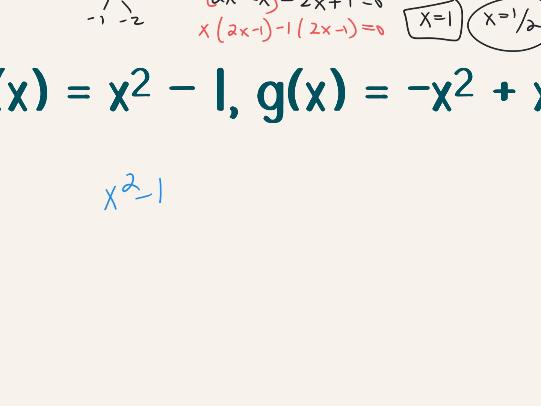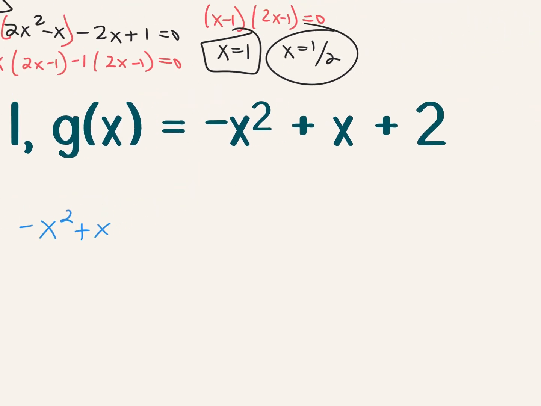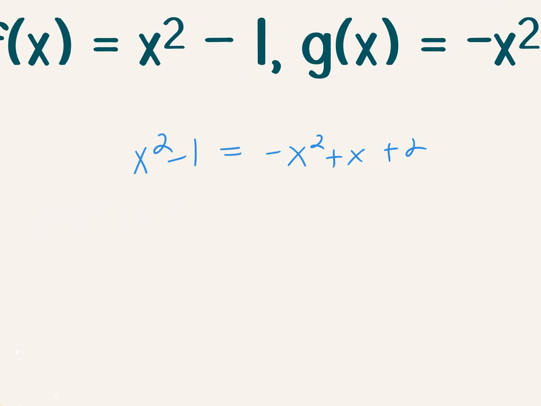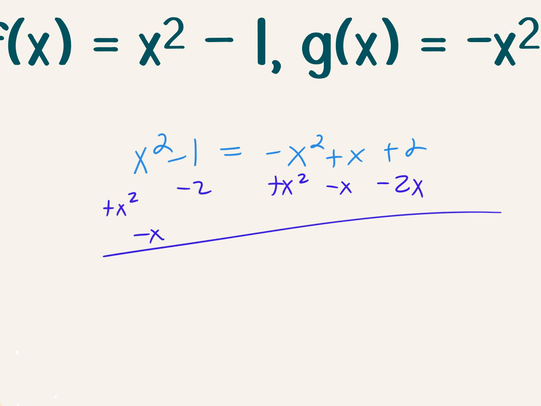So x squared minus 1 equals -x squared plus x plus 2. I have a quadratic, so I move everything where? To one side. Okay, so I'm going to add x squared, subtract x, and minus 2.